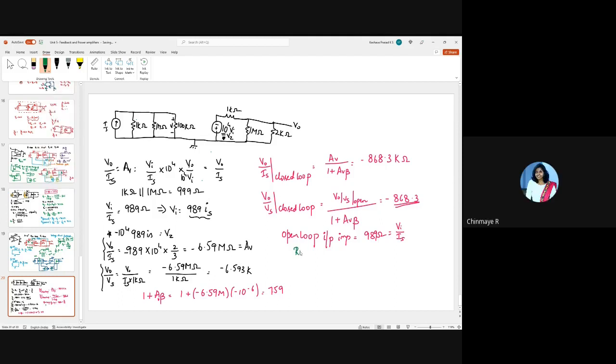So now RIF will be how much? Okay, so this will be around 130 ohms.